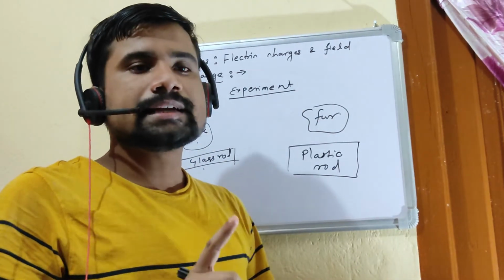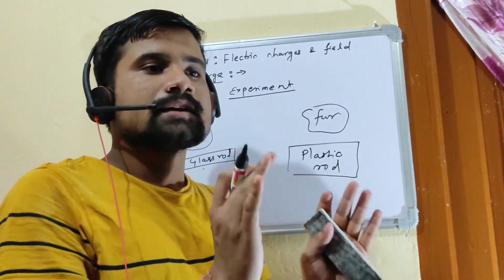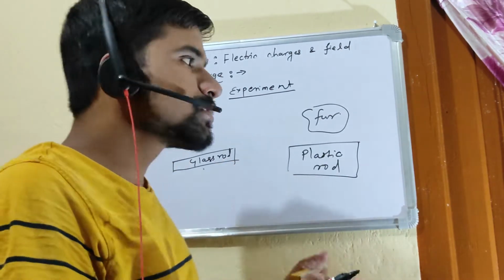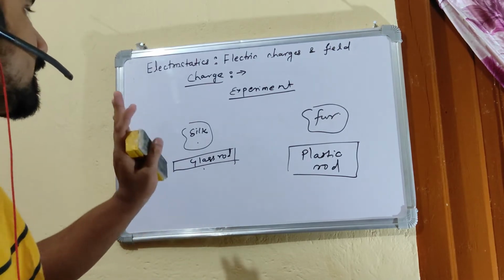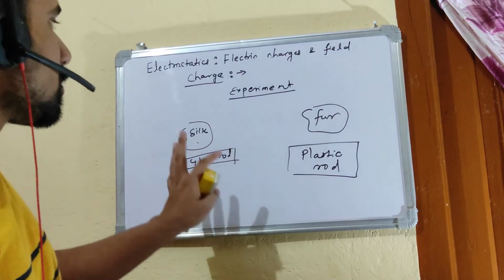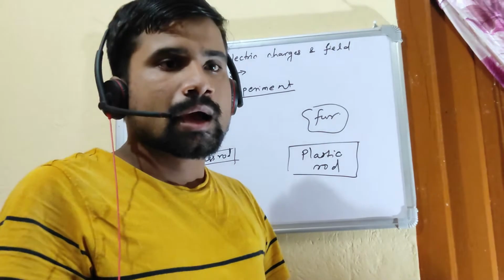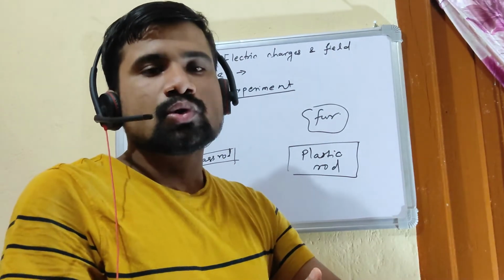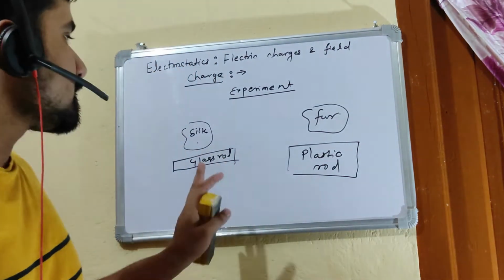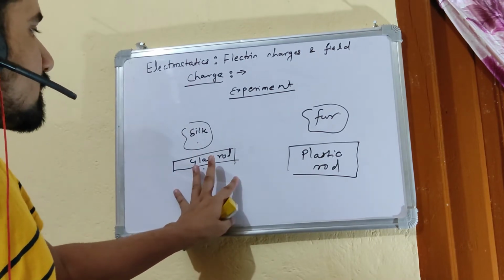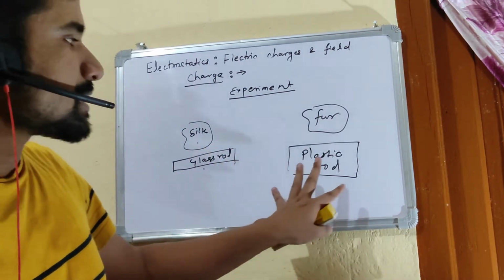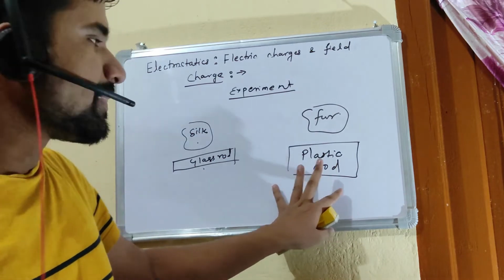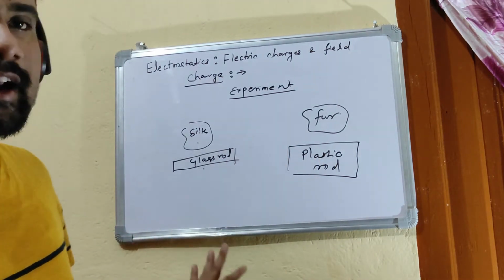So this basically tells me that there is a property which is common between two different objects, but which is uncommon to the others. Basically, the glass rod has a specific property, a plastic rod has a specific property, and they are aligned to each other, hence they are attracting.